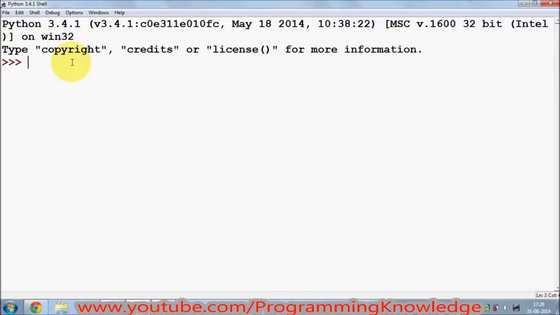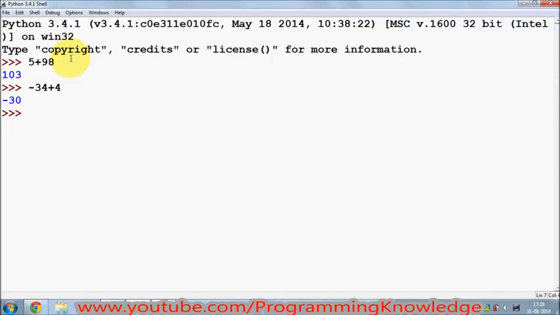Like simple mathematics, Python can also do the maths for you. So for example, you want to add 5 plus 98, it will give you the answer 103. You can even add minus values. So minus 34 plus 4, for example, and it will give you the answer minus 30.